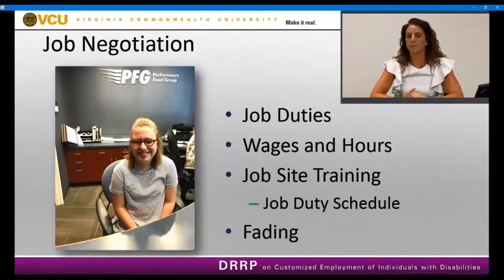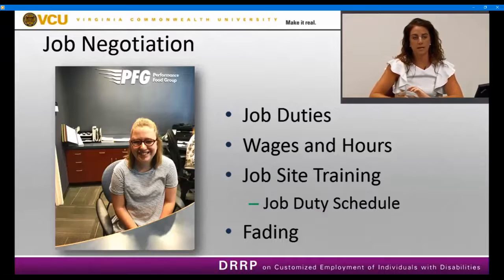So the next step for me was, after observing her for about 2 weeks, I approached management, and we started with a job negotiation. So the management was very interested in Sarah having an employment specialist with her instead of one of the employees interrupting his day and job duties, to be with Sarah and kind of make sure she's staying on task, doing the tasks appropriately and effectively.